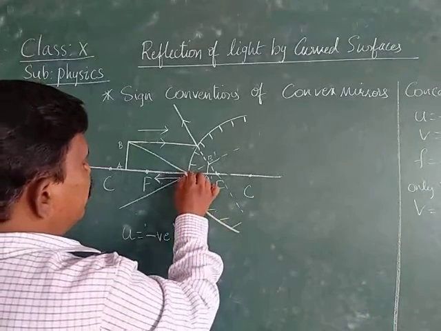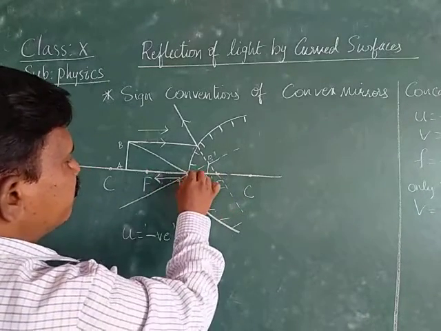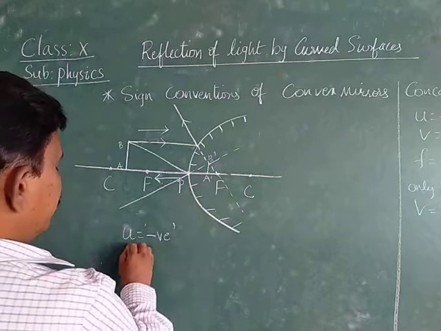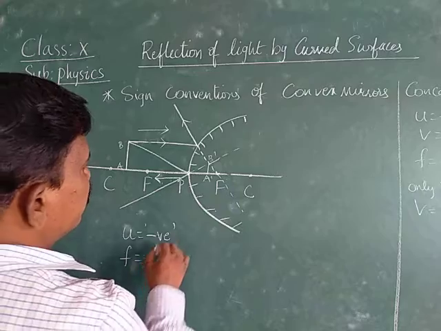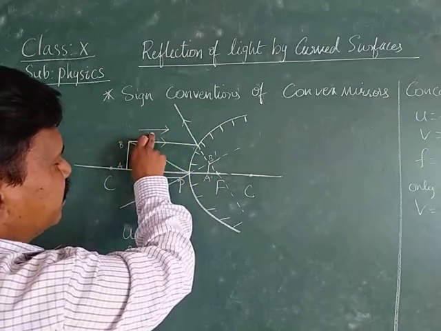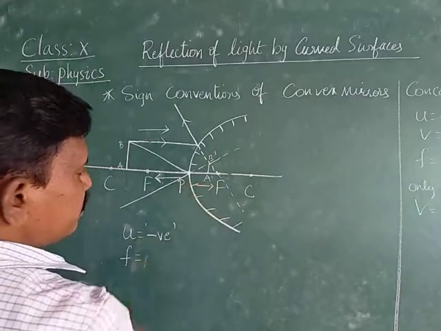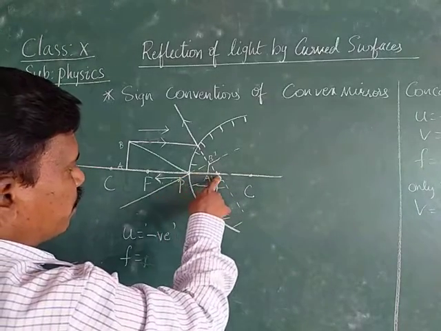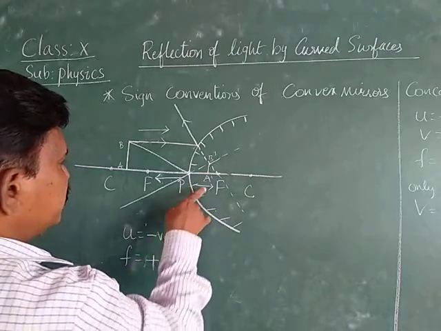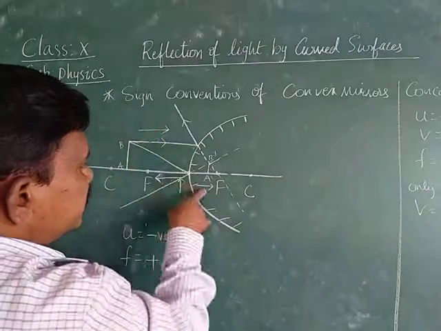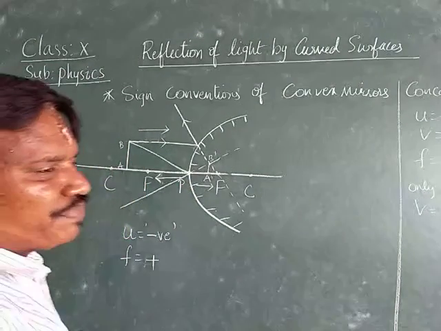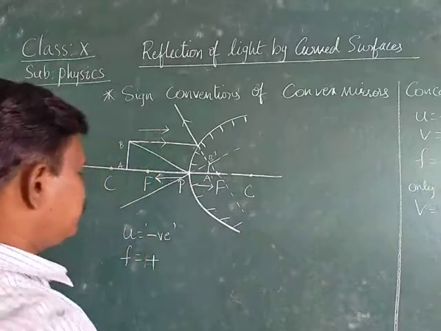Now see here, F is on this side, and the direction of incident light is this side. We are measuring from the pole to the focal point, so it is the same direction. Therefore F is taken as positive, since the distance is measured in the direction of the incident light.